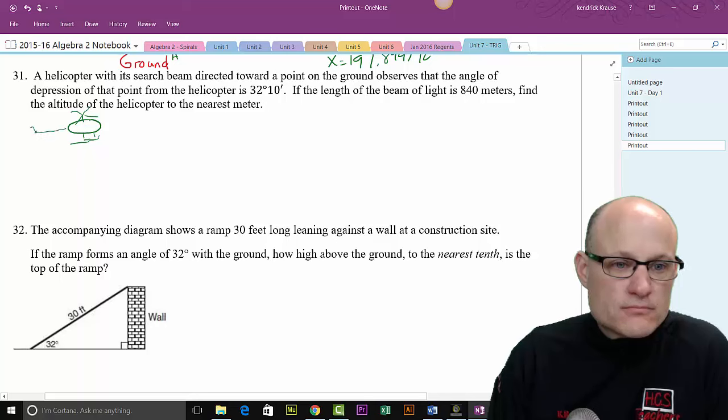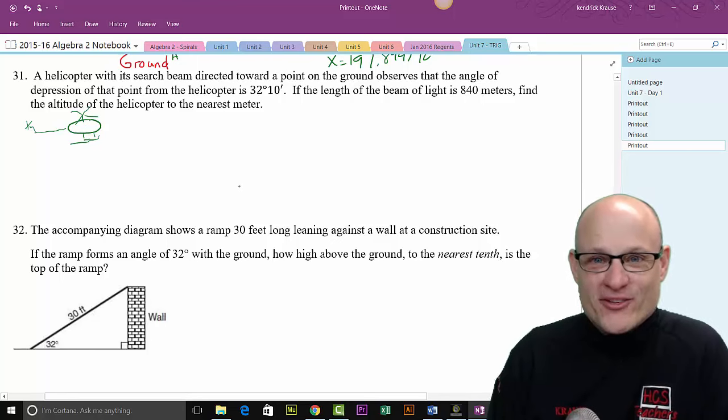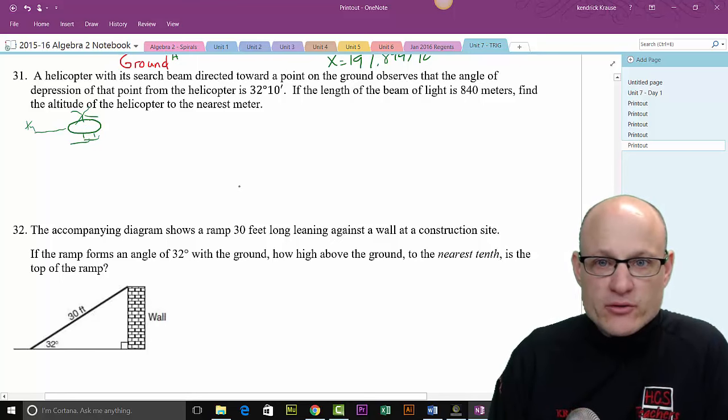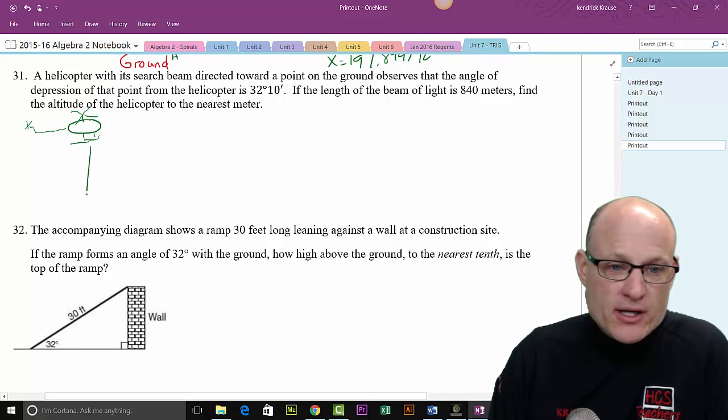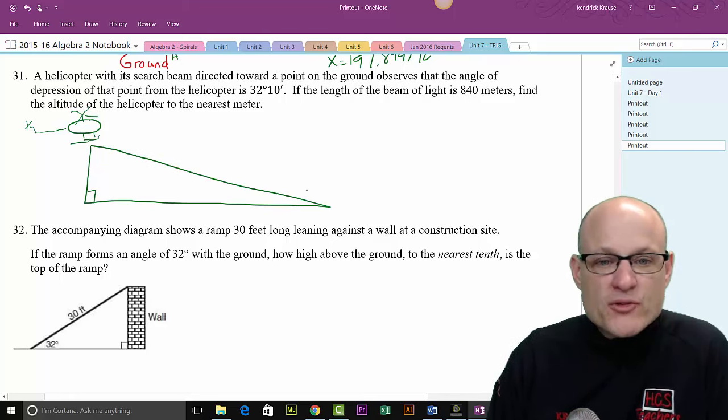Right triangle. You know you have to have a right triangle. All right. So there's a point on the ground. So this is the ground.